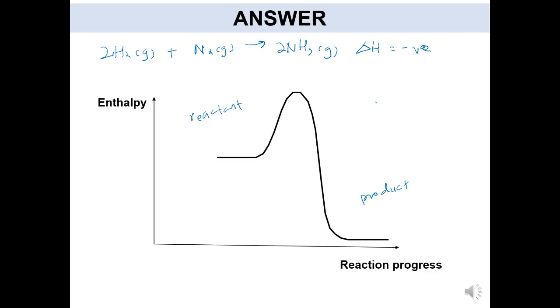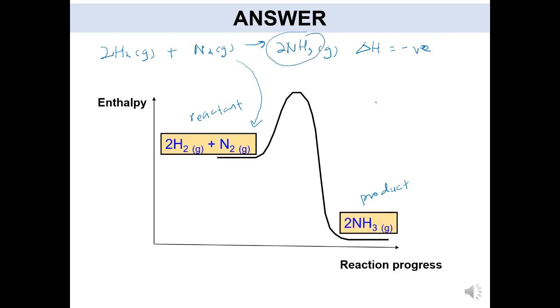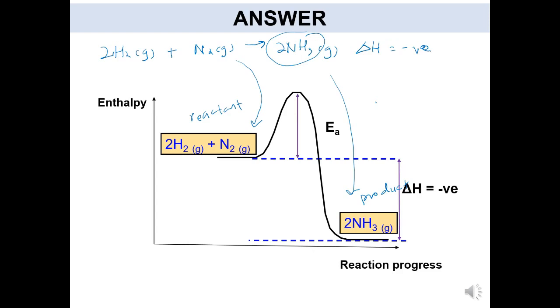Since we already know the species, write the reactant species as 2H2 gas plus N2 gas, and the product species as 2NH3. Okay, then label Ea and delta H negative.